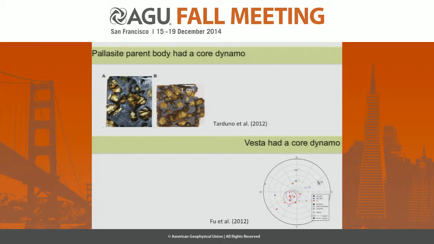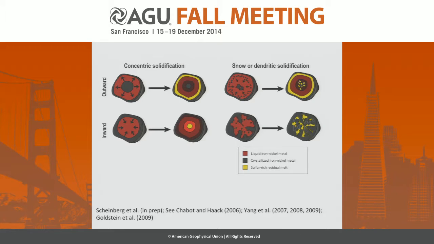Here, one of the pallasite bodies was shown to have a core dynamo by Tarduno et al. 2012, and the data from Fu et al. in 2012 also showed that Vesta had a core dynamo in its time, and we had some data demonstrating perhaps that the Allende parent body had a core dynamo. And so core dynamos actually are something that is more held in common between terrestrial planets and planetesimals than what happens in the silicate fraction of the body. And I find that to be really extremely interesting, that we find a better analog in the core than we find in the mantle and the crust.